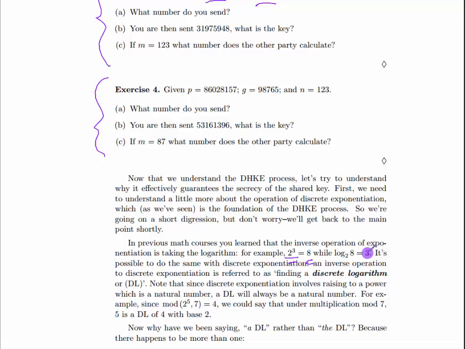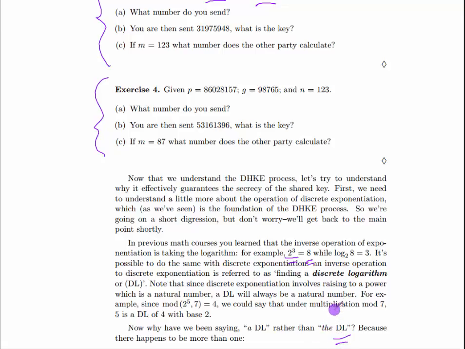So in fact, the way to recover the exponent is by this operation of discrete logarithm. All right, so you might think that all you have to do to break this secret code is to find discrete logarithms. But in fact, discrete logarithms are not so easy to find. Now, in fact, there's not just one discrete logarithm. There may be several discrete logarithms.